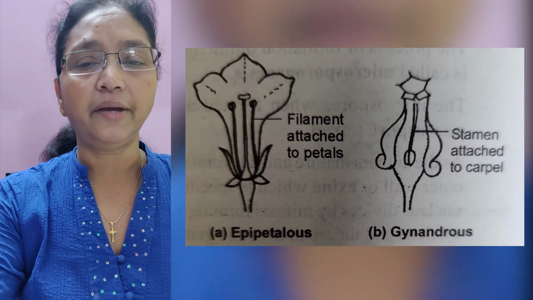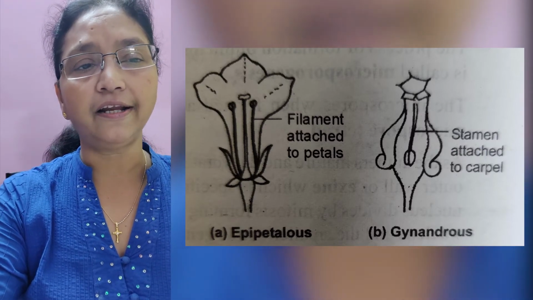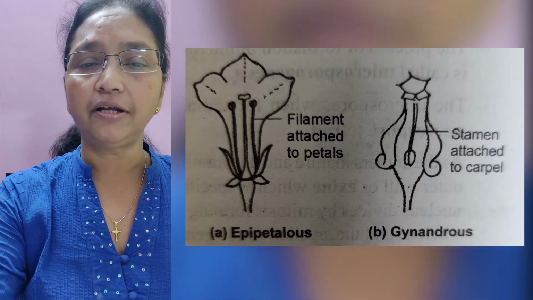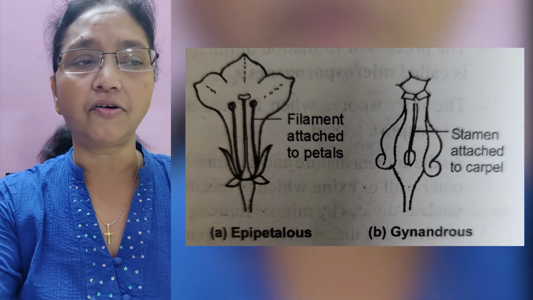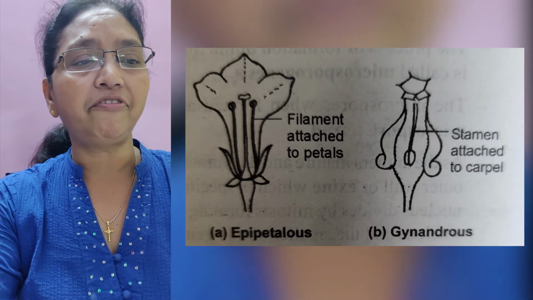Now, on the basis of attachment, we can categorize the stamens into epipetalous, where the stamens are attached to the petals by their filaments. Example is sunflower. The second kind is epiphyllous.